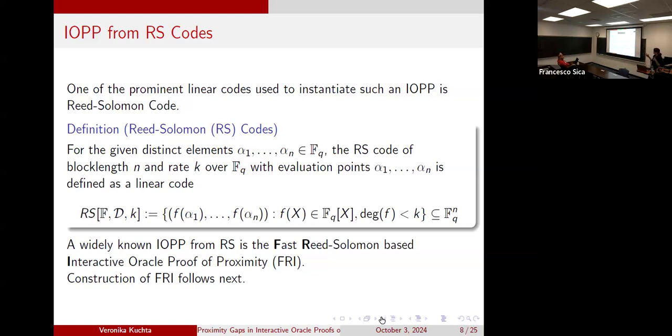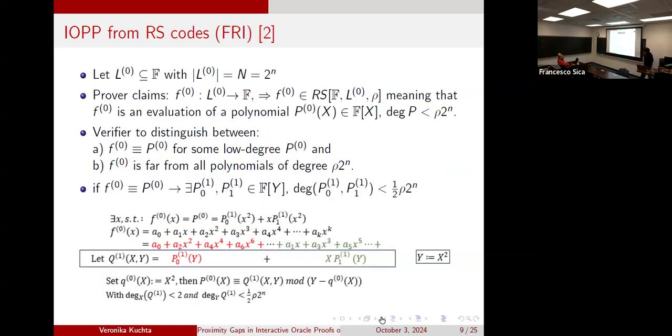So we will now have a concrete construction of an interactive oracle proof of proximity from Reed-Solomon codes. In the end, this tool can be used in combination with a polynomial commitment scheme to construct those cryptographic protocols which are known as argument systems. So it is important to see the construction of such an IOPP.